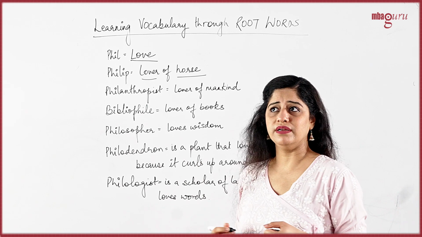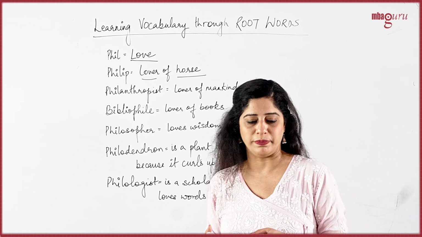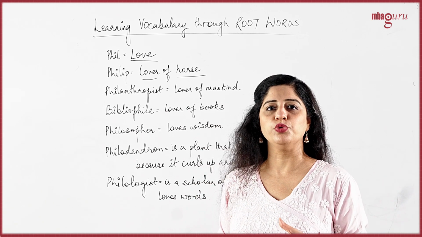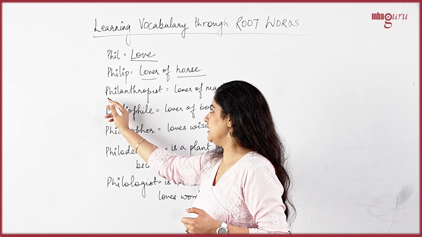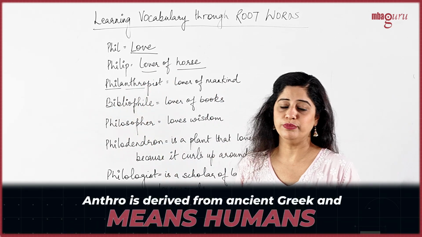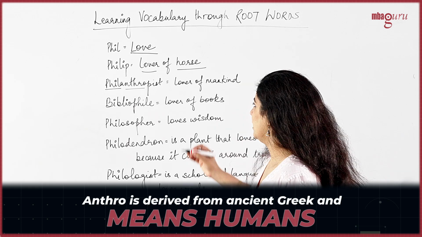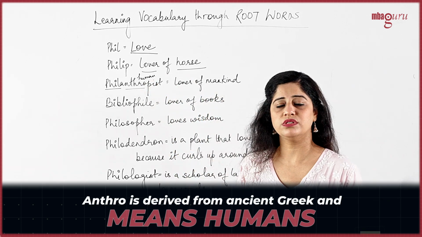The second word is one that we might have heard somewhere around, which is philanthropist. It has two root words. One is phil, the other is anthro. Phil we understood, it means love. Anthro means humans. So who's a philanthropist?